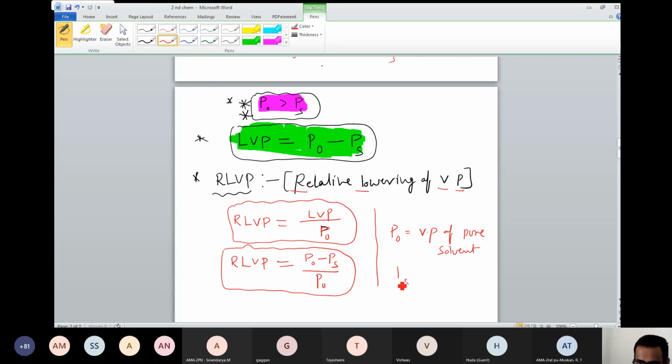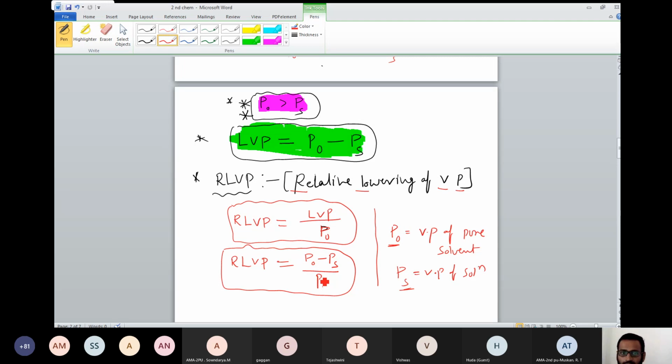What is PS? PS is the vapor pressure of solution. So this is PS and this is P naught. So what is RLVP? P naught minus PS by P naught. This is RLVP, relative lowering of vapor pressure.